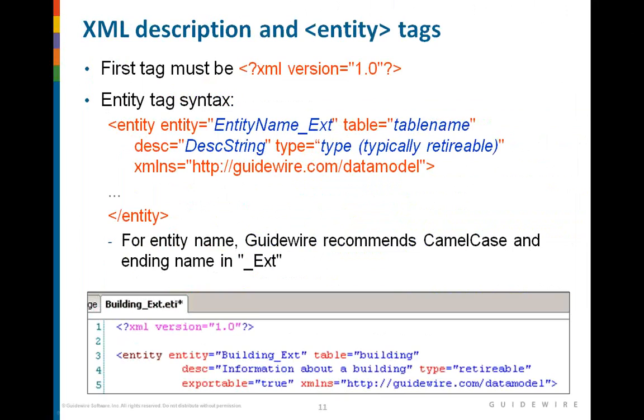Retirable is nothing but, if you mention type equal to retirable, Guidewire creates one field called retired. For example, if you want to disable some of the data, you can go to the record directly and set the retired field to true. If retired equals true, that value is present in the database, but it won't be available in the front end.